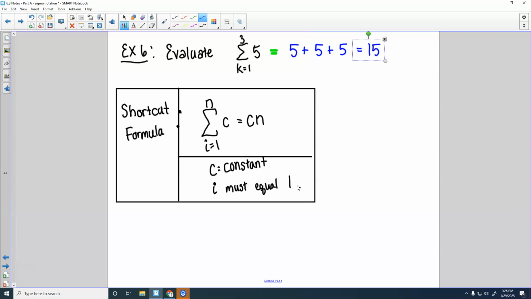For that, a couple things to make sure you pay attention to. i has to equal 1. i must equal 1 for that. Because if you're starting at 6 and going to 10, then that's not going to be 10. You're not going to add that number 10 times, right? It would be different. But as long as i is 1, then this shortcut rule applies.